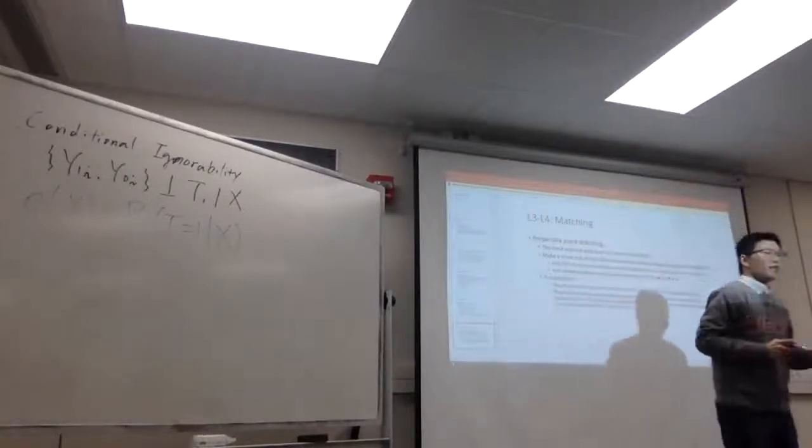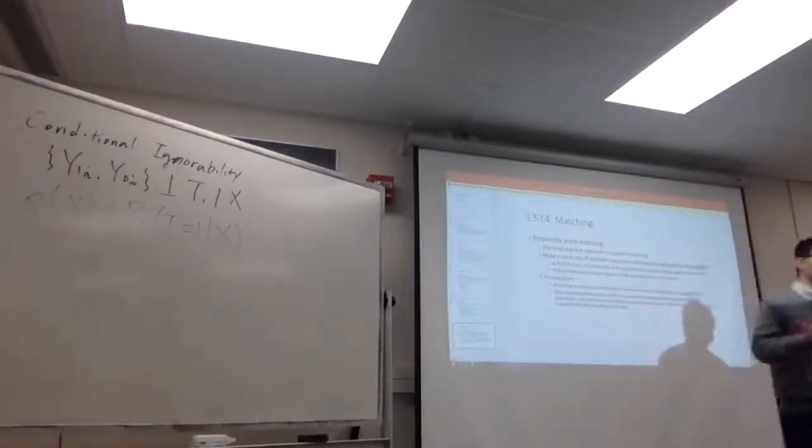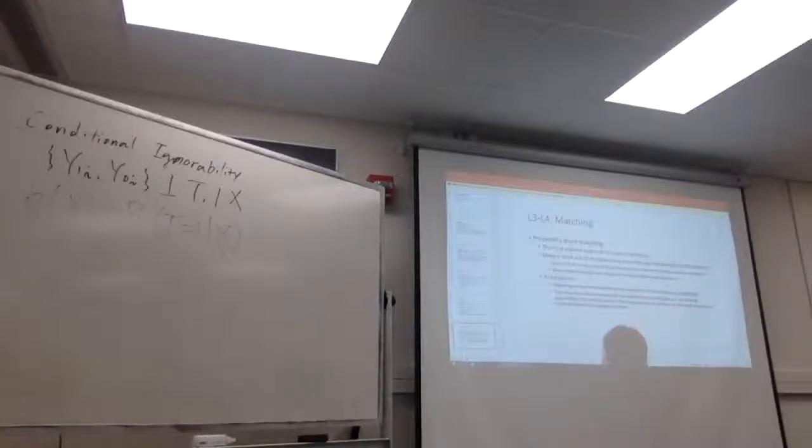So it's really creating matched pairs. You're trying to find which units are similar according to the propensity scores you create. Good.